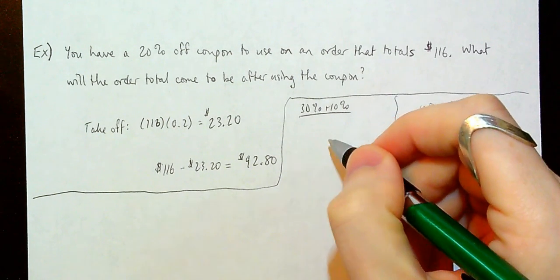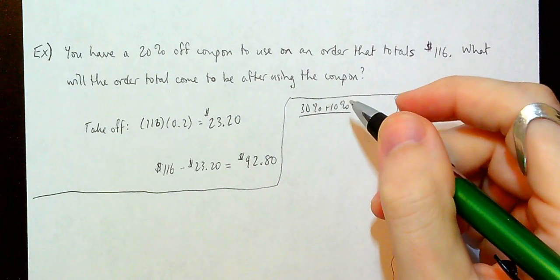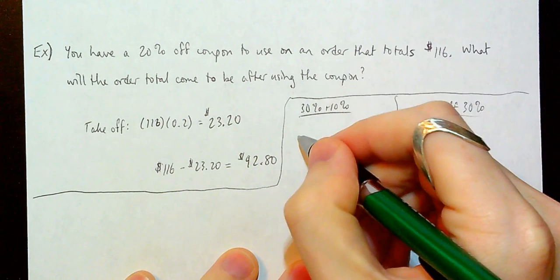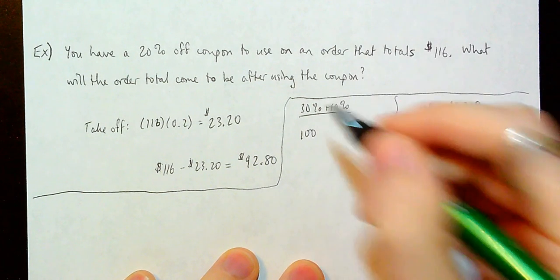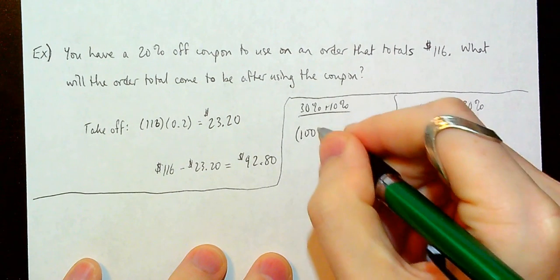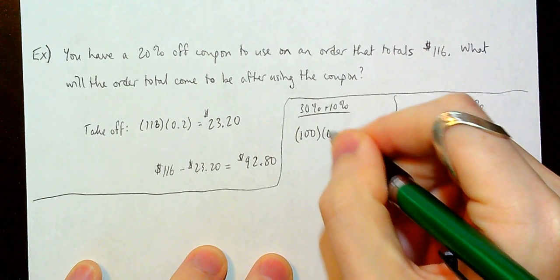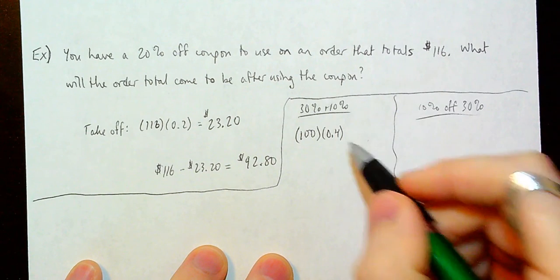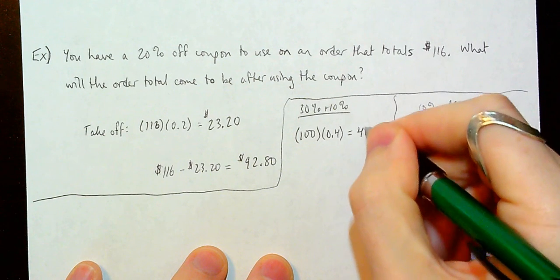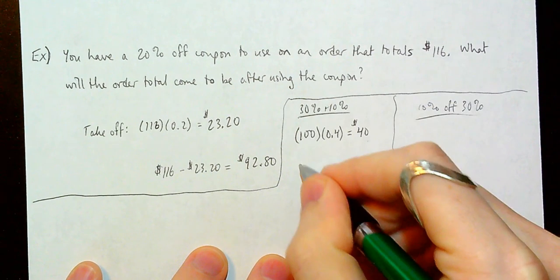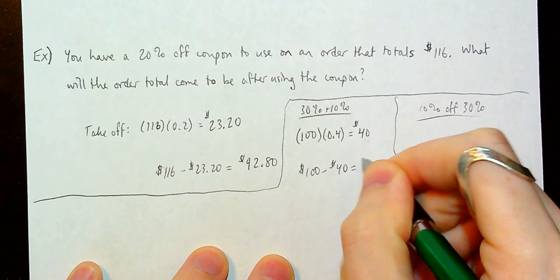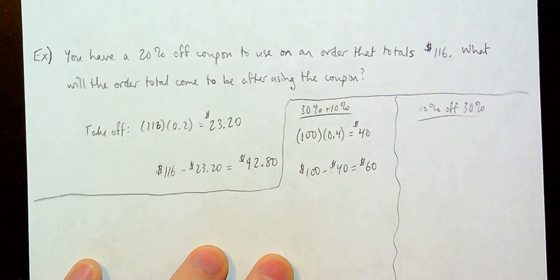So if I just tack the 10% onto the 30% to get my 40%, and let's say I'm purchasing a $100 piece of clothing here, what I would be taking off is 40%, or as a decimal, 0.4 times 100, which is $40, and then $100 minus $40 equals $60.